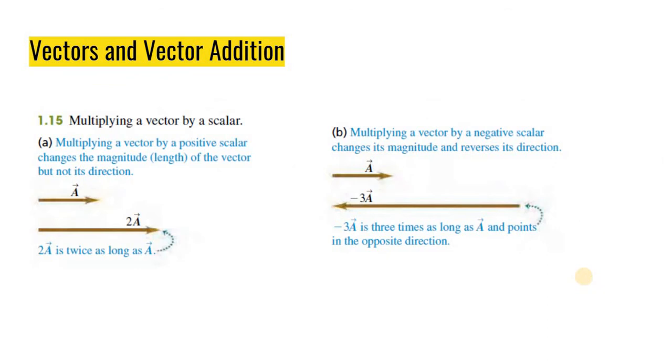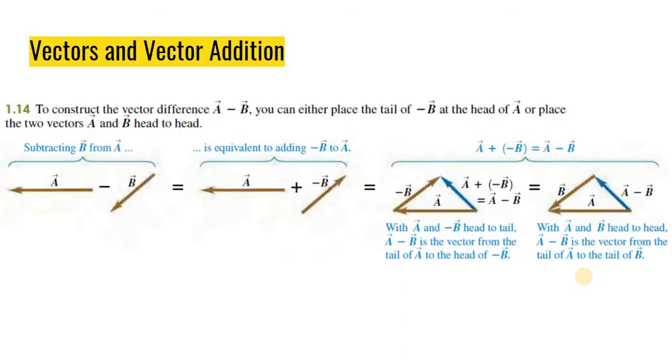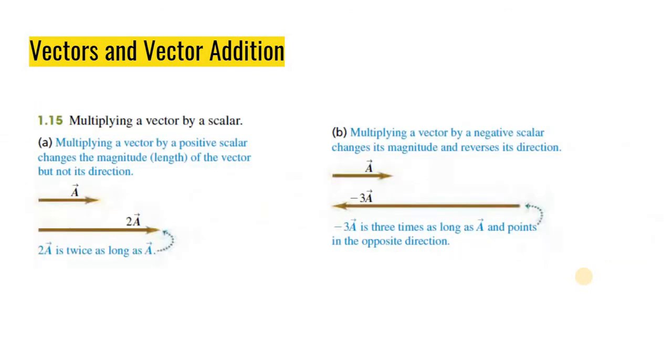So we'll discuss vector addition, vector difference, and then multiplying a vector by a scalar. Multiplying a vector by a positive scalar changes the magnitude or length of the vector but not its direction.